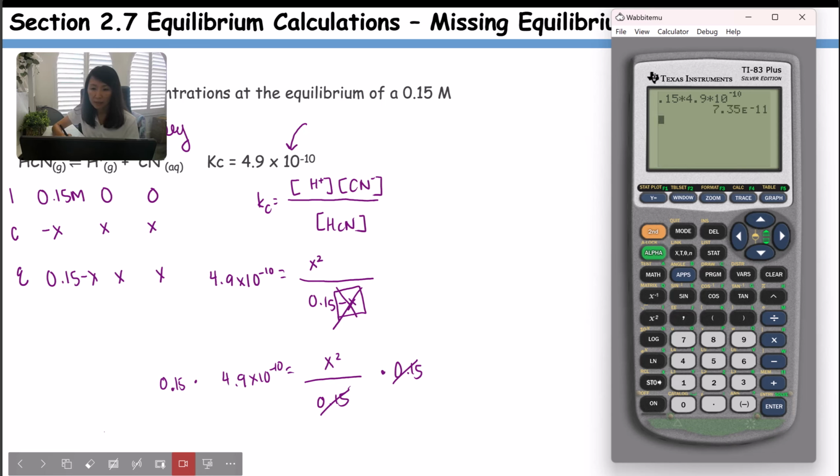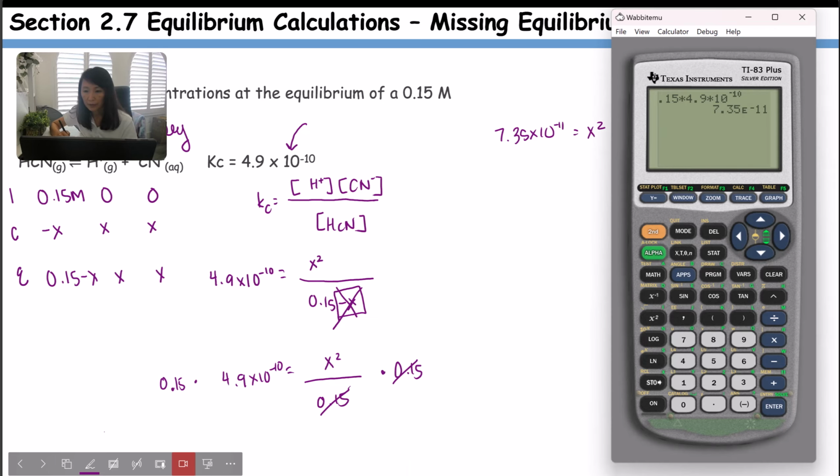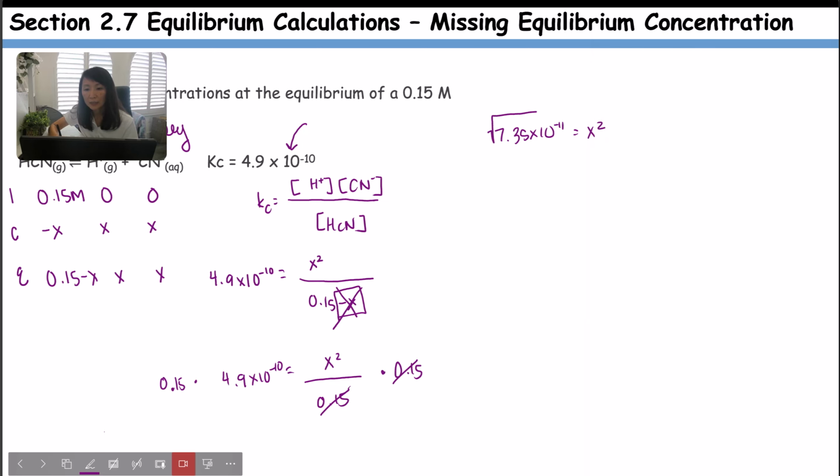That will give me 7.35 times 10 to the negative 11, which is equal to x squared. Right? Double check. Yeah. Okay, now we're going to square root both sides.